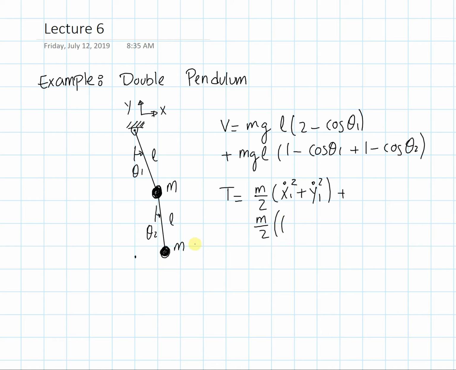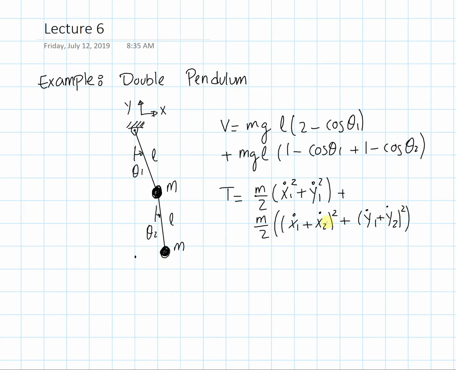The second mass will have the velocity of the first mass plus its own velocity. So we can have an energy that looks like this. We have x1 dot plus x2 dot, there's a square here, plus y1 dot plus y2 dot, and square that. There it is.